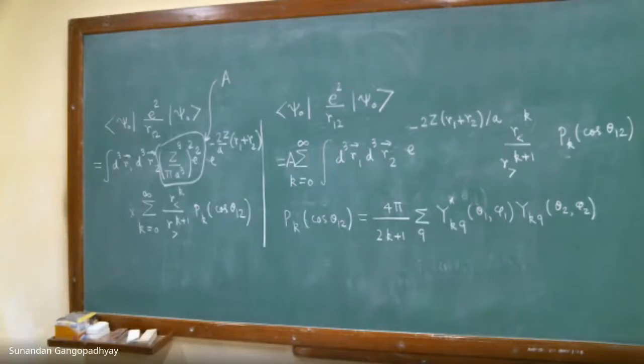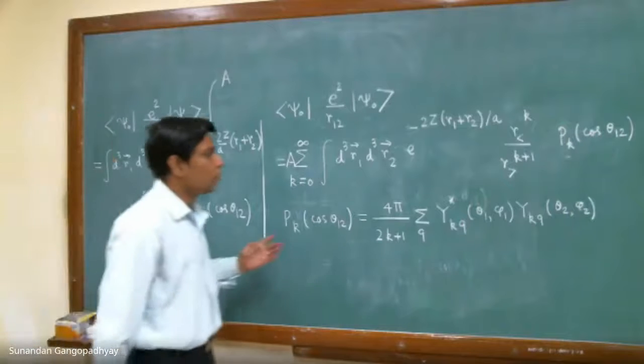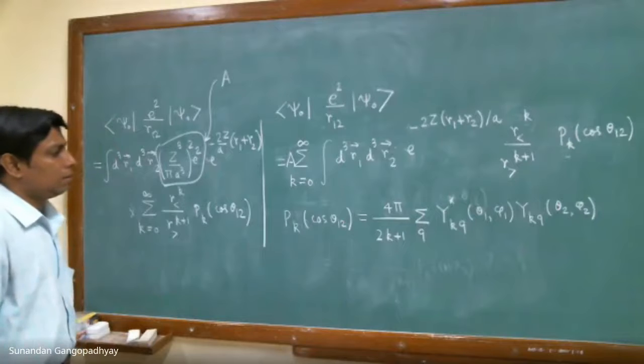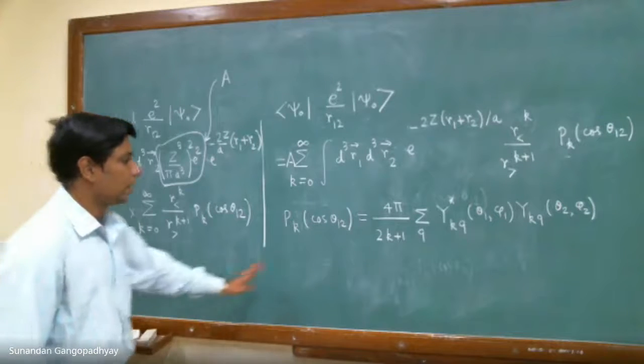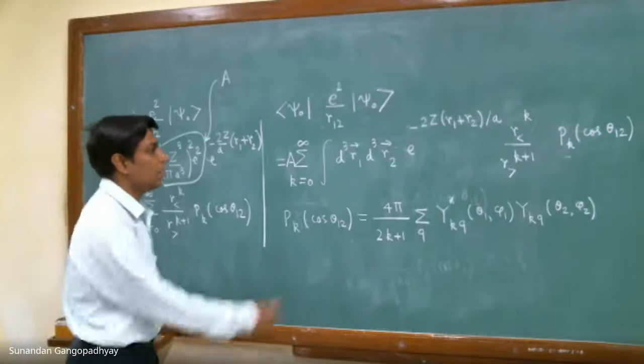Have you seen this earlier? If you have not seen this earlier, you can just look at any book on mathematical methods, mathematical physics, and you will get a relation between the Legendre polynomials and the spherical harmonics in this way.